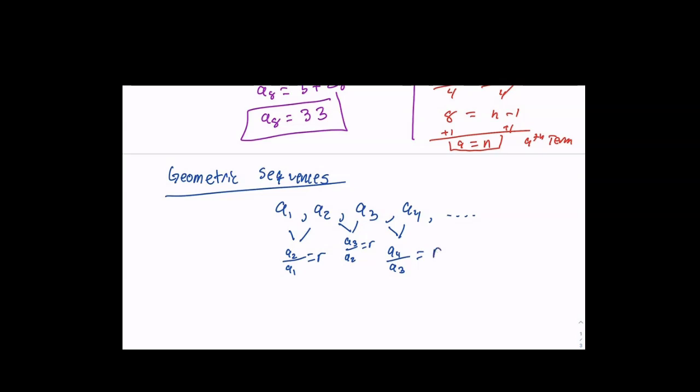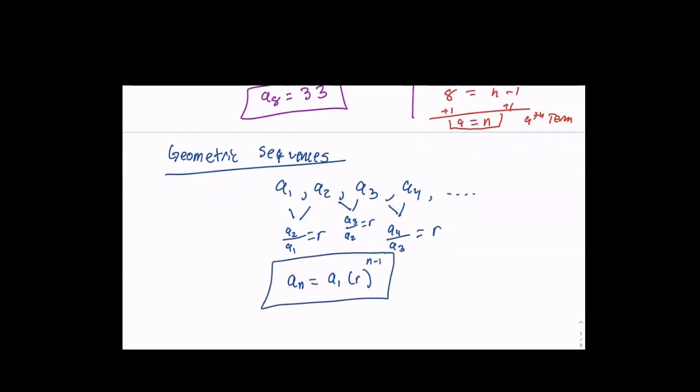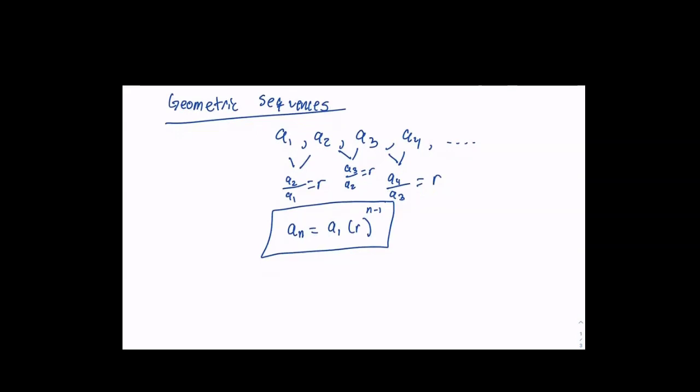So a sub n is equal to the formula being a sub 1 times r to the n minus 1. And that's how we write the formula for geometric.